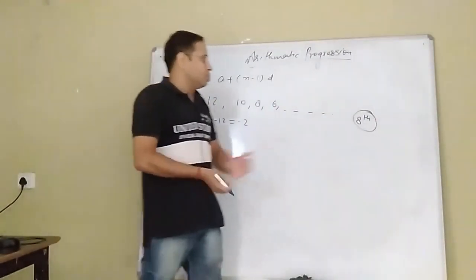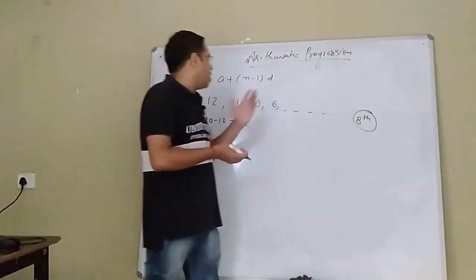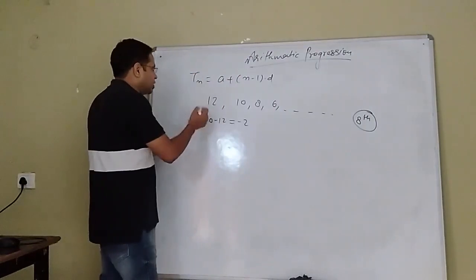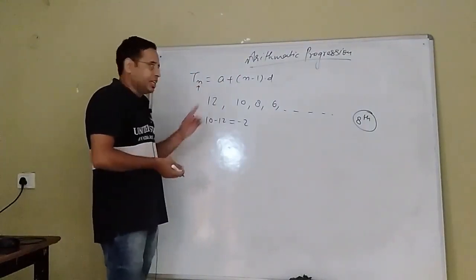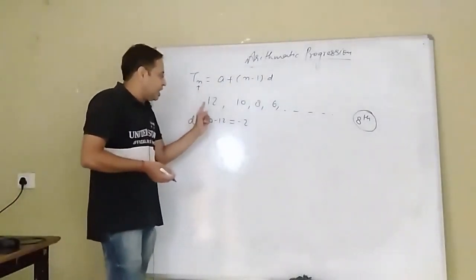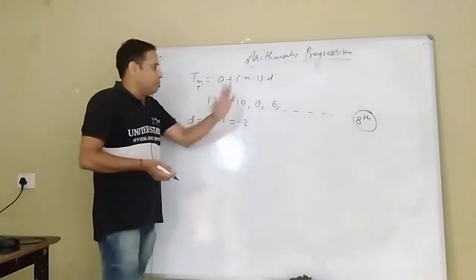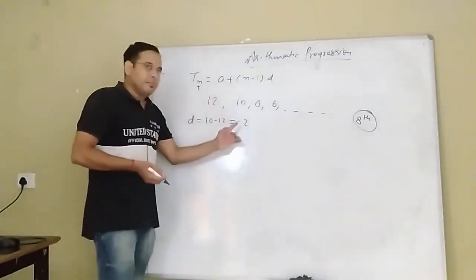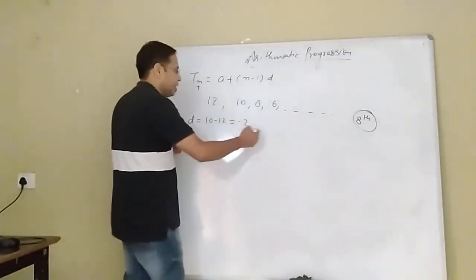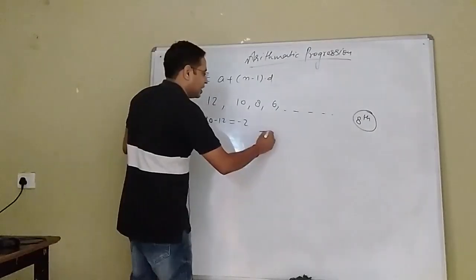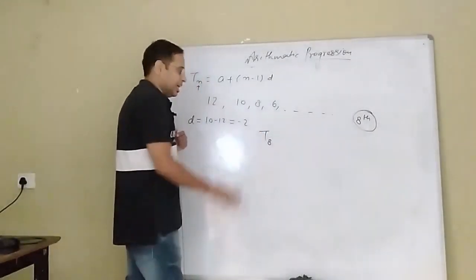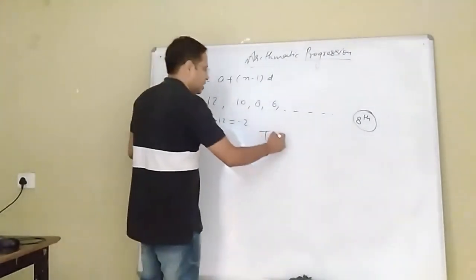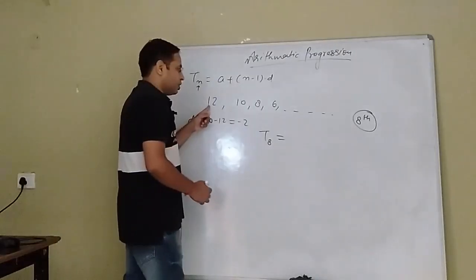Now we are asked to find out the 8th term of the sequence. So how to get the 8th term? Let's put n equal to 8 in the given formula, and the value of a will be 12, the value of n will be 8, and the value of d will be minus 2. Let's put all the values. T8 denotes the 8th term of the sequence, equal to a. What was the value of a?